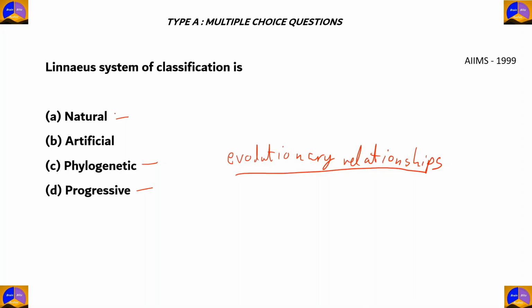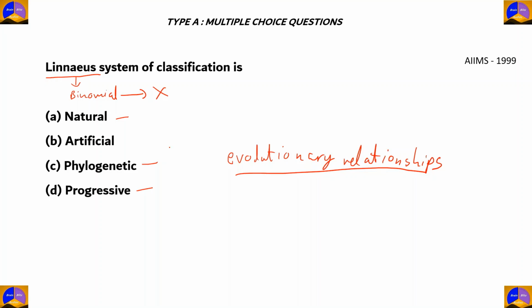So whether it's natural, phylogenetic, or progressive, they depend on evolutionary relationships, such as which organism has which ancestor, or which organism has which product, etc. Now, Carl Linnaeus proposed the binomial nomenclature, which is not dependent on evolutionary relationships.